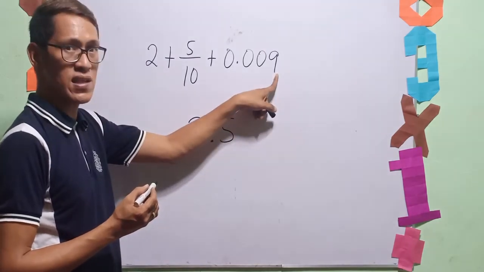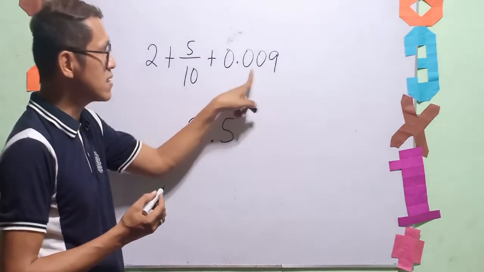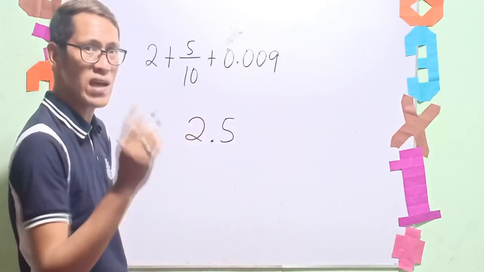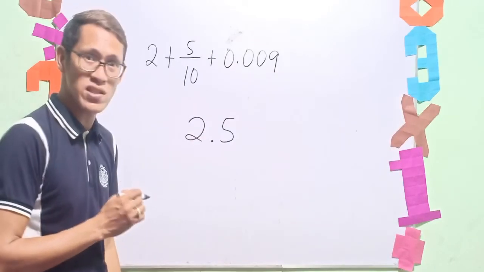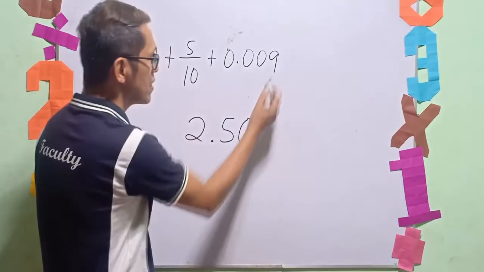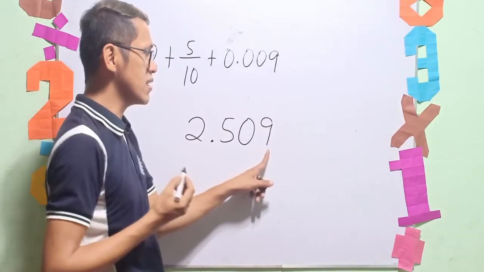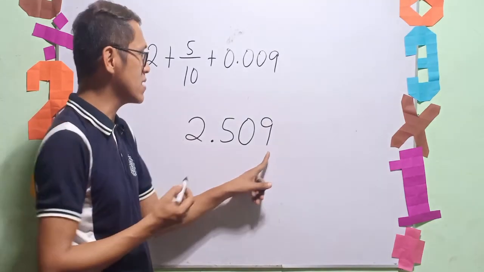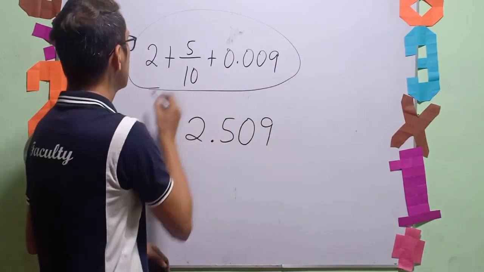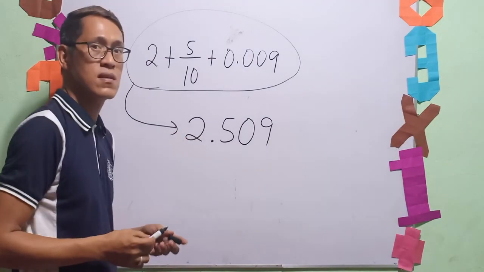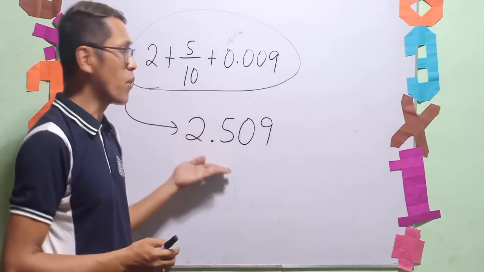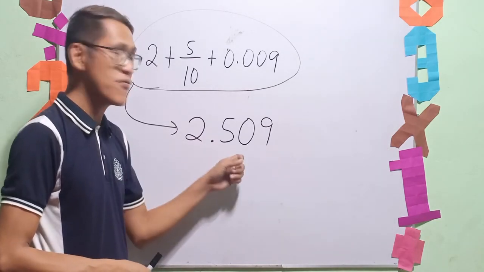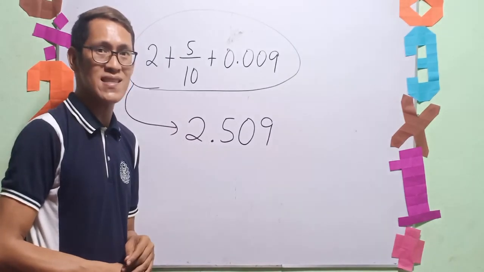Then 9, if you notice, is in the thousandths place. Tenths, hundredths, thousandths. So we don't have a digit in the hundredths place, so we just use 0. Then the 9 is in the thousandths place. So this number sentence simply represents 2.509 or 2 and 509 thousandths.